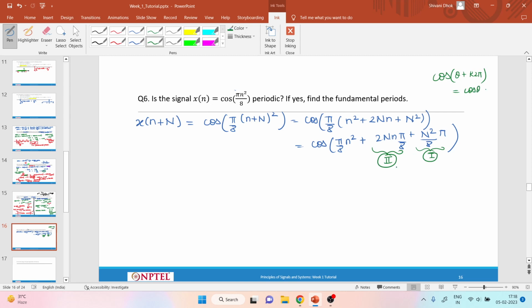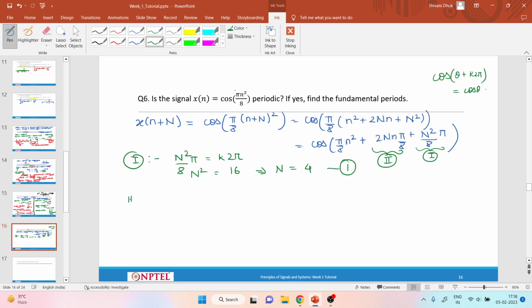And for this case, both the first one and the second one should lead to an integer multiple of 2 pi. So let's look at the first term. That will be N square by 8 times pi equal to some integer multiple of 2 pi, and therefore N square is equal to 16, which implies that N is equal to 4.